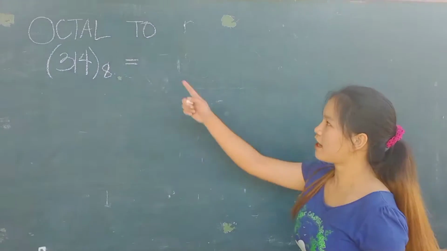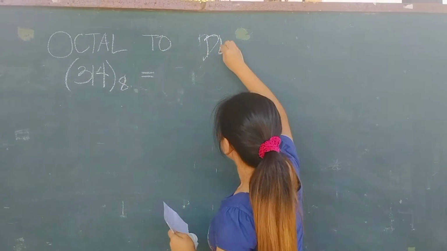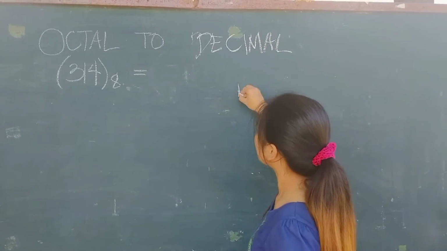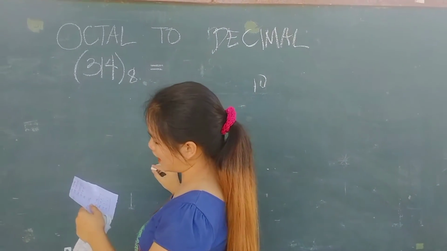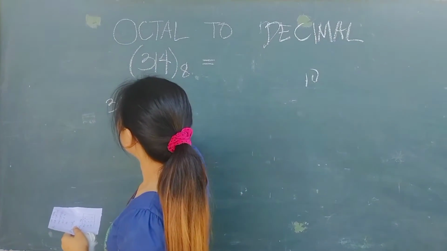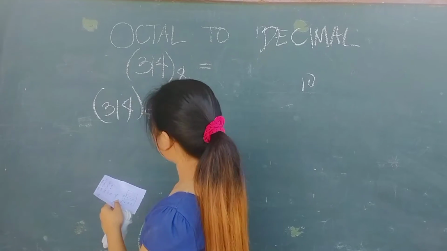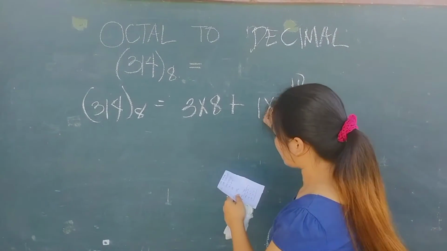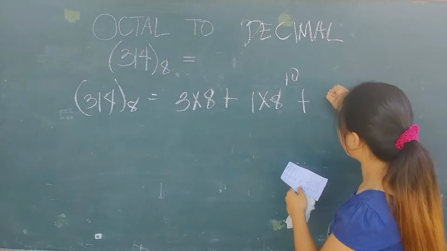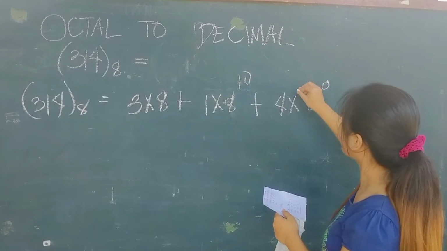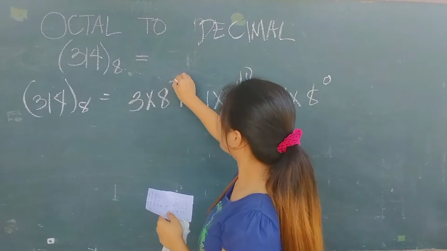We'll convert octal to decimal. Decimal has a base of 10. So therefore, 314 base of 8 is equal to 3 times 8 plus 1 times 8 plus 4 times 8, and put an exponent 0, 1, 2.